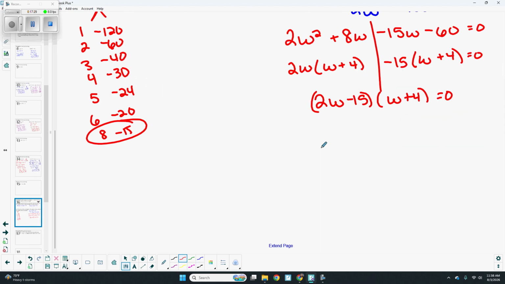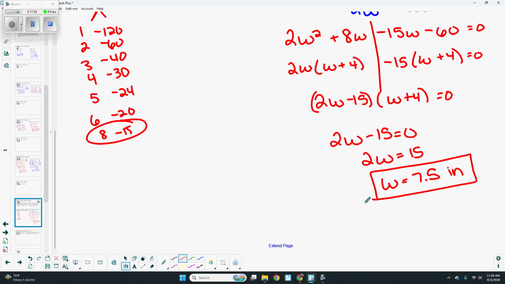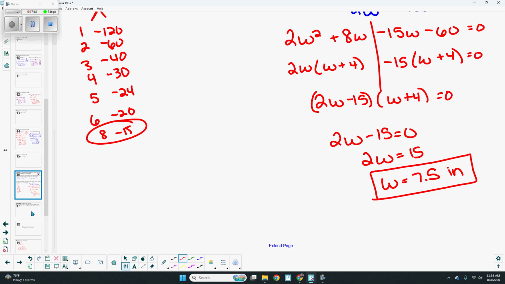I'm going to focus on the 2w minus 15. So 2w would equal 15. w would equal 15 divided by 2, or 7.5. Right? 7.5 inches. Because it was a word problem, we use our units.